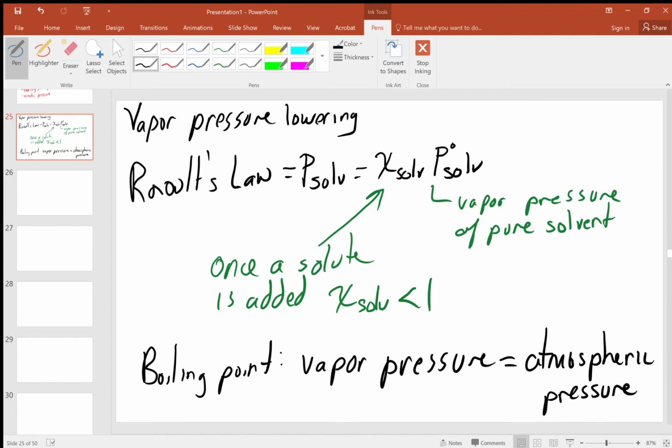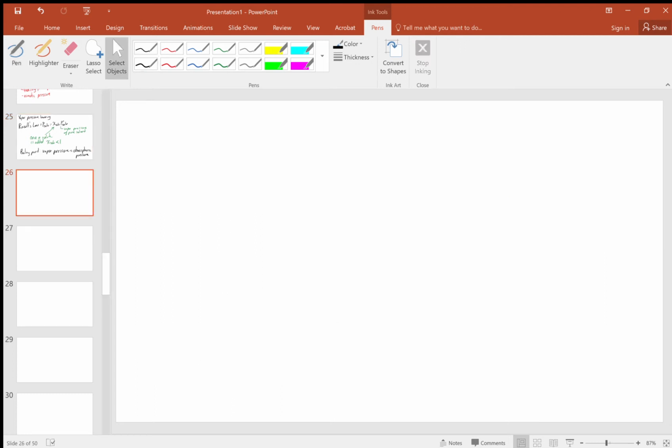And so if you think about this now, by making a solution, we lower the vapor pressure of the solvent. So it will take a longer period of time or a higher temperature to get the vapor pressure to the point where it equals atmospheric pressure. So the result is that because the vapor pressure is lowered by making a solution, as a result, the boiling point will increase.